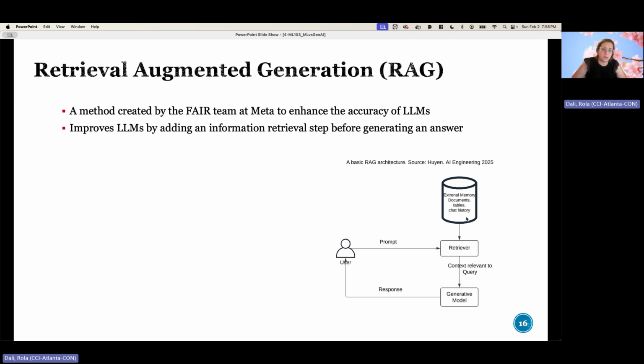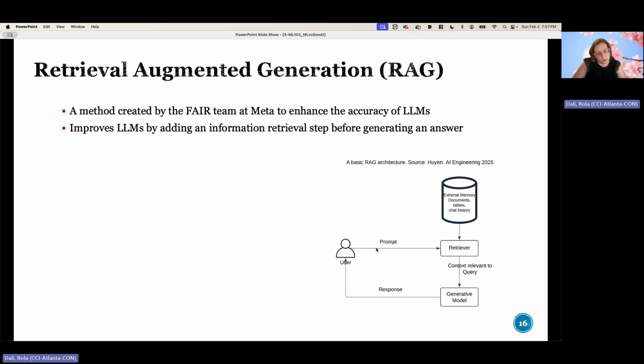It could be the documents from your company, it could be field-specific information. Information is retrieved from this database, used to augment the prompt, and then sent to the model. That helps the model in different ways, and then you get a response. This is the simplest, a basic vanilla RAG architecture.